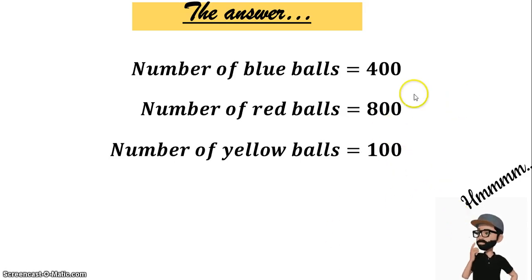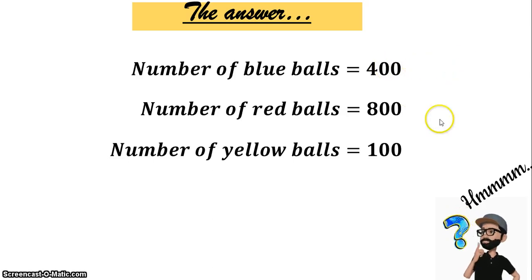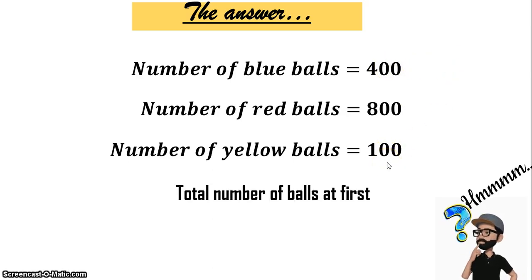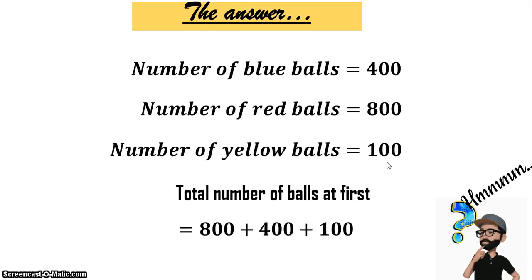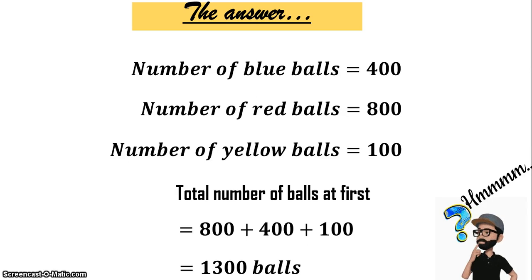So 400 minus 100 is 300, divided by 3. What do you have? 100. So the total number of balls at first would give you 800 plus 400 plus 100. That is the number of blue balls plus the number of red balls plus the number of yellow balls. And that gives you 1,300 balls. Thank you. This is the answer.